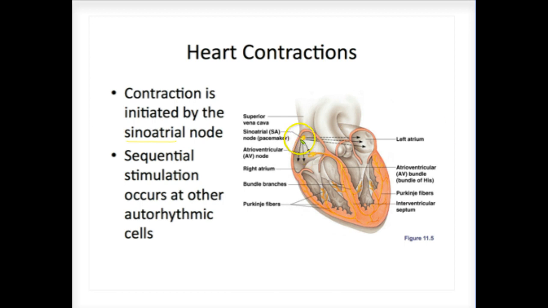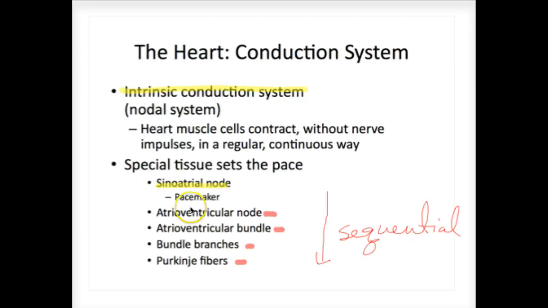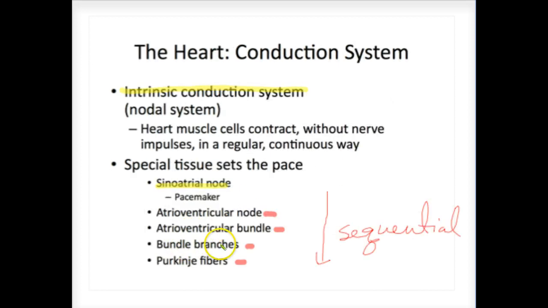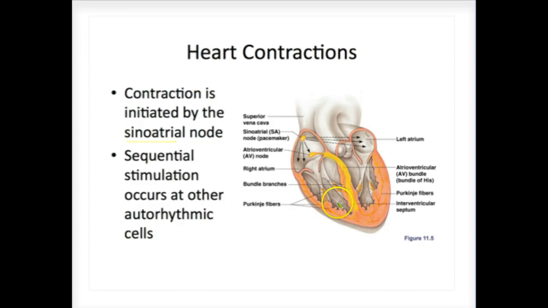So we have the signal from the SA node that travels through the atria, all the muscles. As it's traveling through, it also then gets to the AV node. Now what's cool is after it's hit the AV node, our depolarization wave then travels through the AV bundle. The AV bundle is this area here. So here's my AV node. I have the AV bundle traveling down through the septum. As it travels down through the septum, keep in mind that we then have the bundle branches and the Purkinje fibers, and that's all of this here.